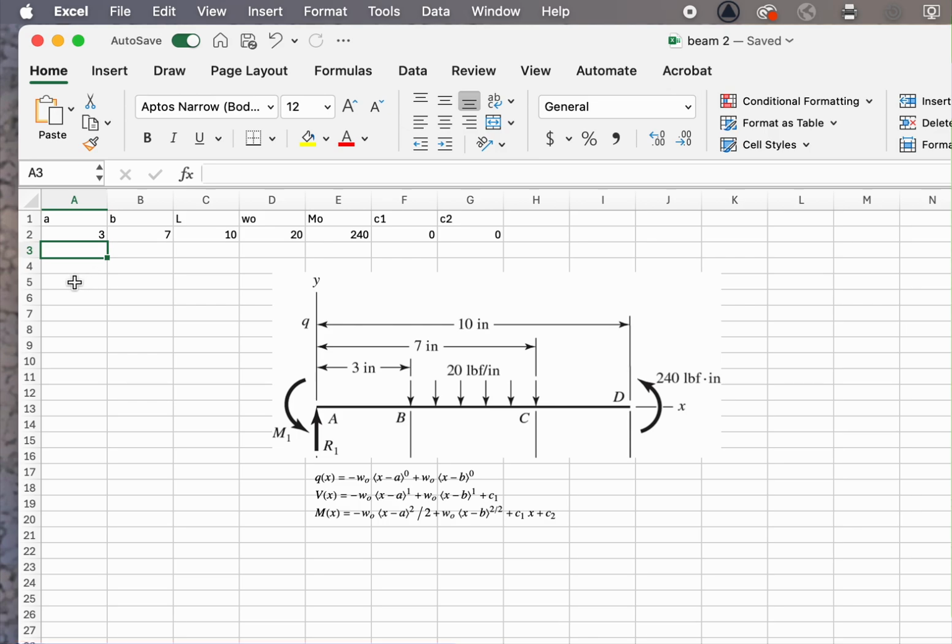Okay, we need values for X and V and M. We could do Q as well because I don't have any negative exponents there, but that's okay. Okay, I'm going to say this is equal to 0. And then this one down here is just going to be equal to L divided by 200, plus whatever's above it.